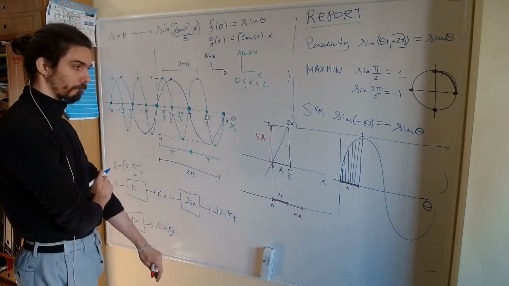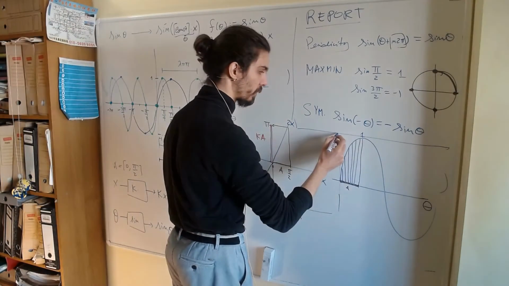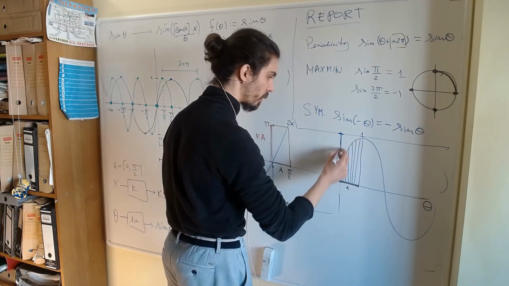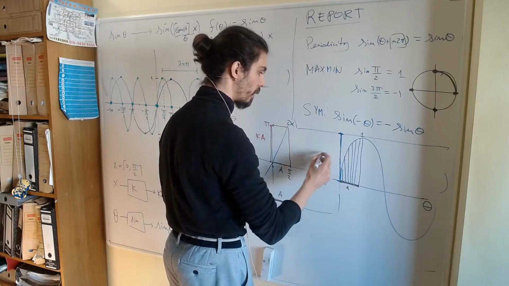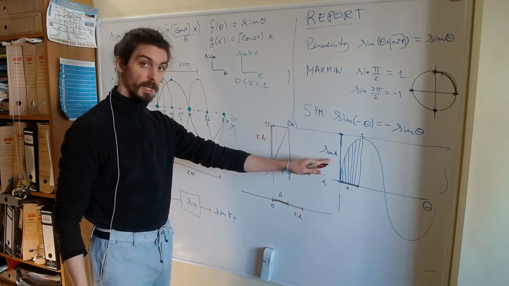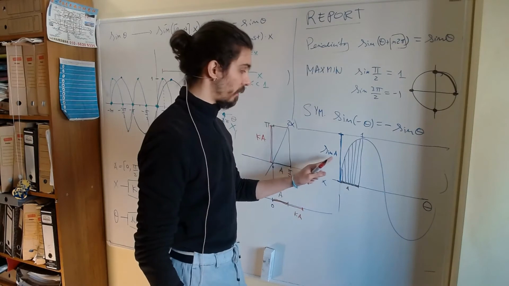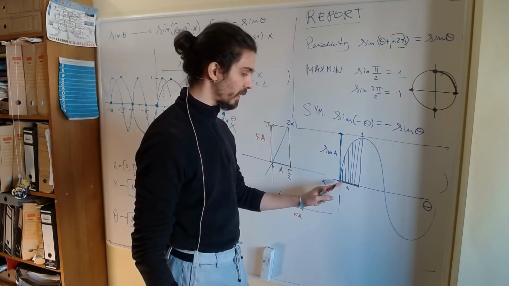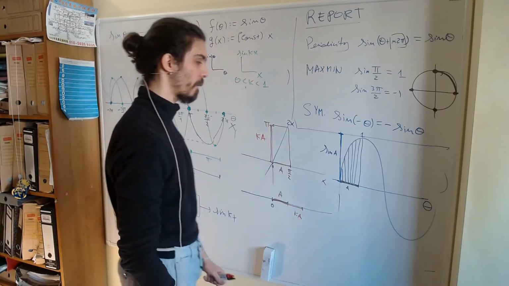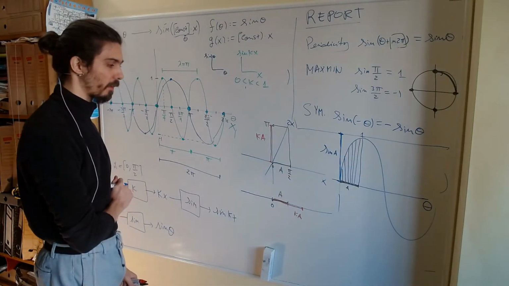So this set of values from 1 to 0 is what's called sine of A. Sine of A is the set of values that come as a result of applying the sine to each one of the points in A. And you get these heights. So we have sine of A there.